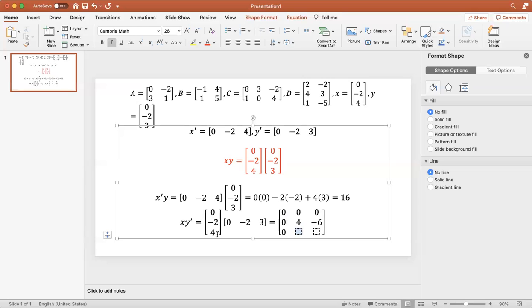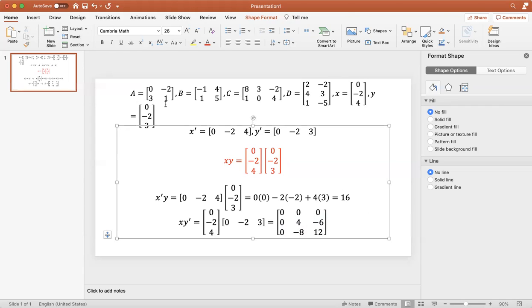You have 4 times negative 2, which is negative 8. And then 4 times 3 is positive 12. Right? So dimension matters. The dimensions of the matrices you're trying to multiply will determine the dimension of their product.